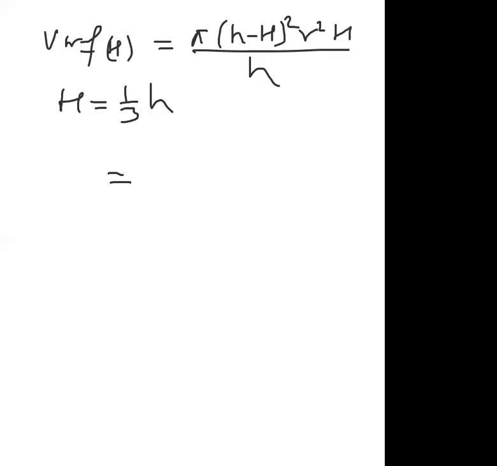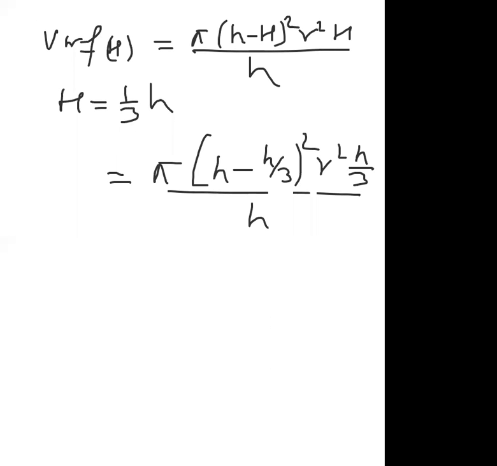Let us put in place of capital H: pi (h minus h by 3) whole square r square h upon 3, whole upon h. So now we need to only simplify this. After simplification, we will be able to get the value.